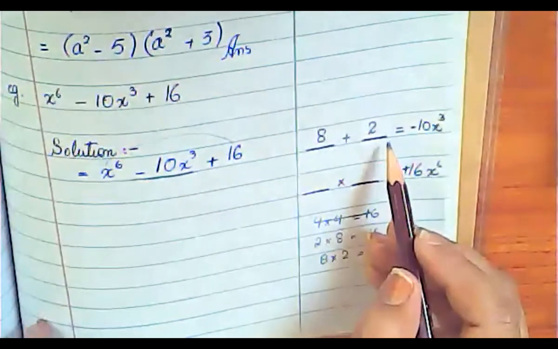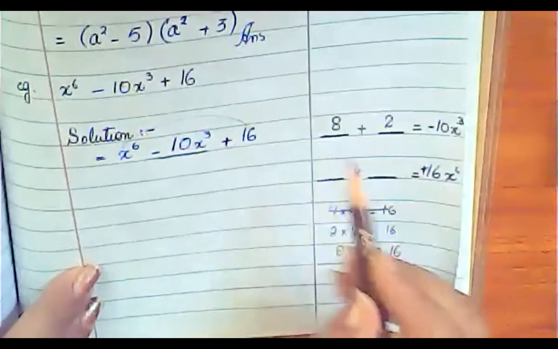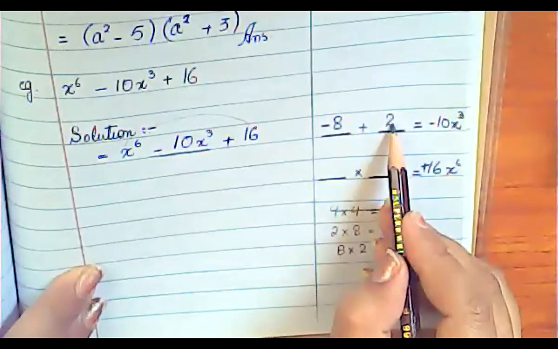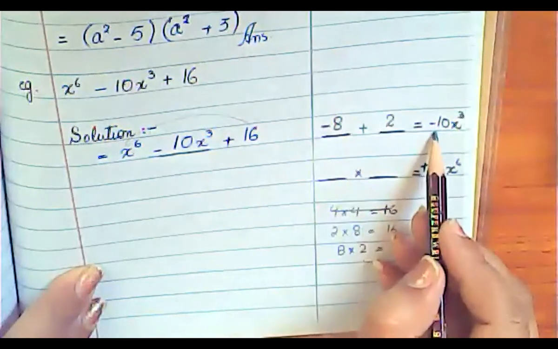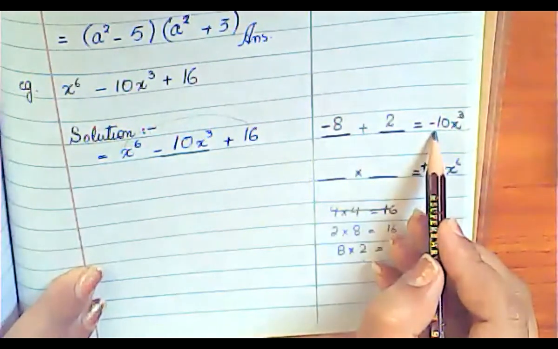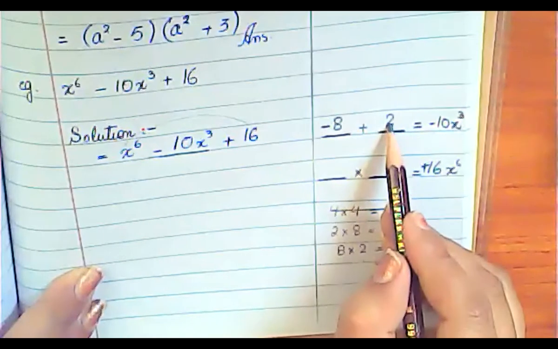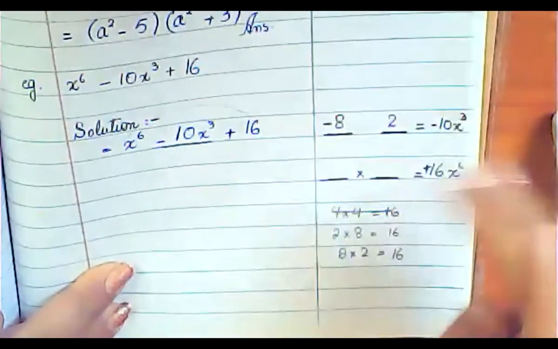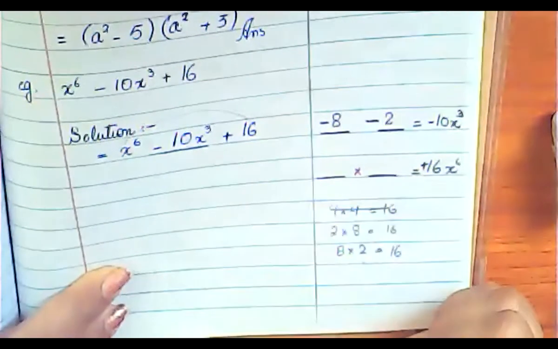So what we will do, if we take 8 minus 2, that will be 6, right? And we require minus 10 here. So we will write minus 8 and minus 2.